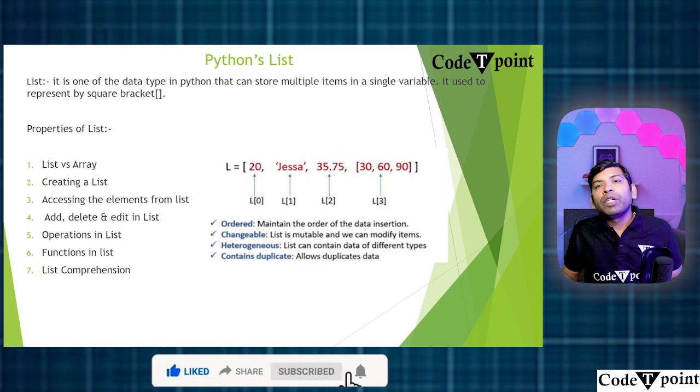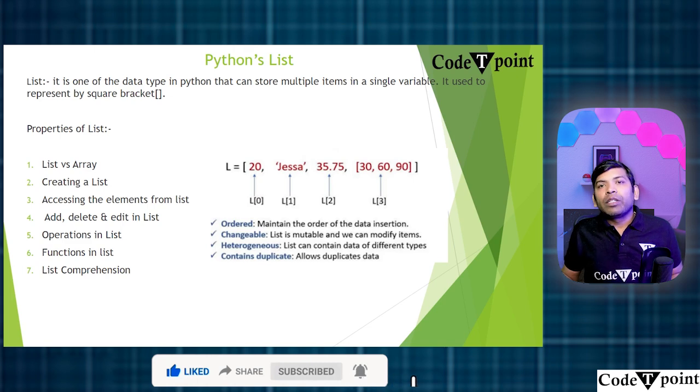It means that the data elements inside the array should be the same. If it is integer, then all the elements should be integers. If it is string, all elements should be strings. While it is the opposite for the list. So this is one difference.